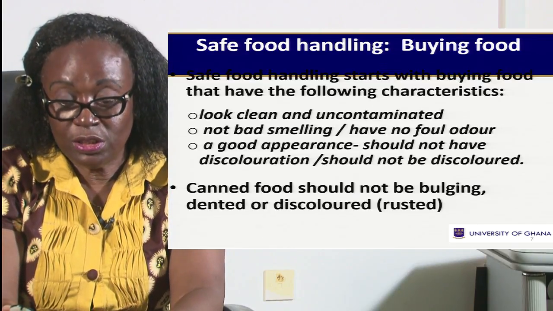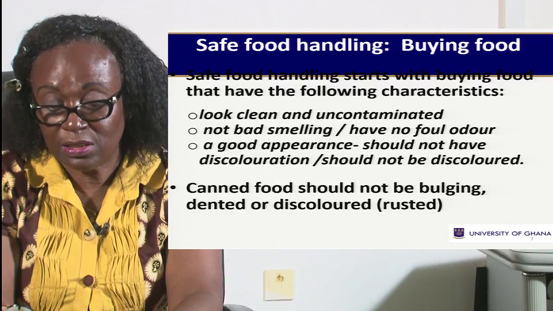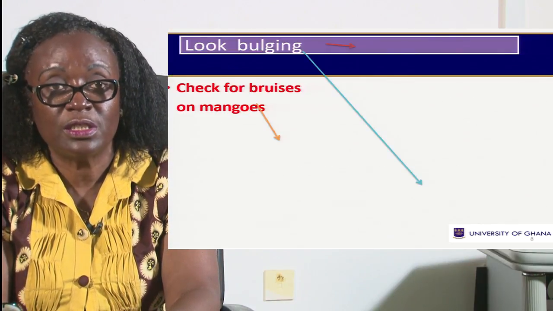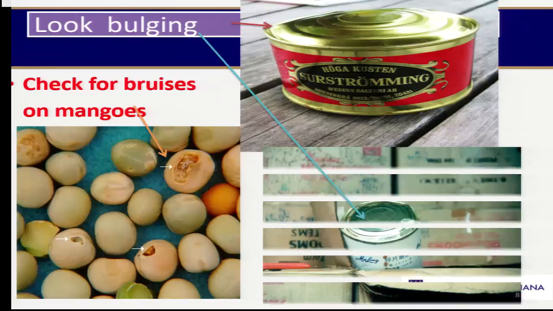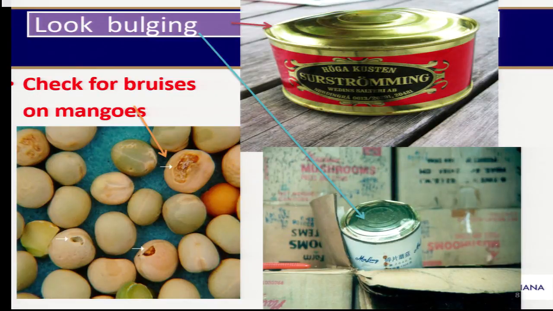Once the can is bulging, we should know that spoilage is on its way. Therefore, it is not a safe food to buy. The can that you see up there is bulging. That is a typical example of what I'm talking about. And when we check the bruises on the mangoes, there is contamination, bacteria and so forth. So we shouldn't be buying them.